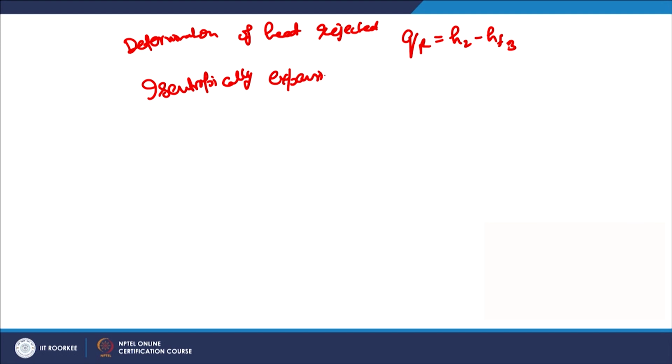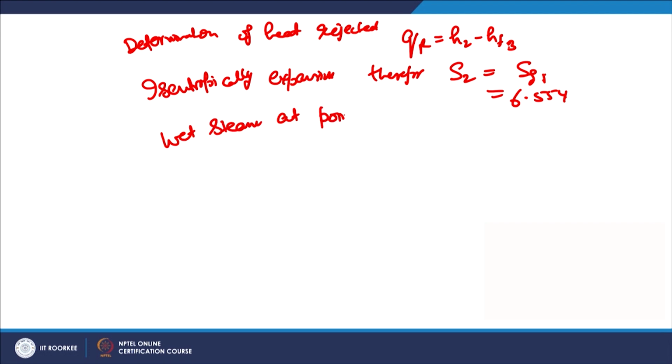For the first, isentropic expansion occurs. Therefore, S2 is equal to Sg1, that is 6.554. Since for wet steam at point 2, S2 is equal to Sf plus X2 Sfg at P equal to 0.07 bar, we have taken these values from the steam table.